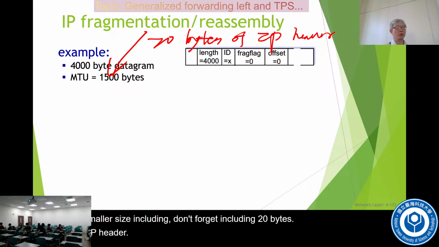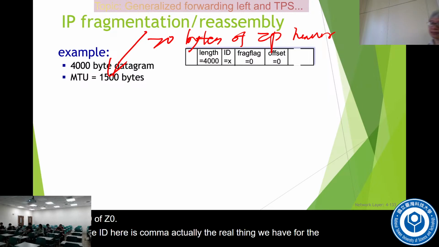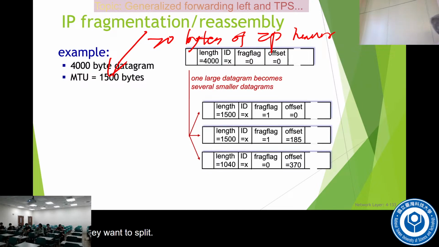All right, so initially we have 4,000 and then fragmentation: no, so flag 0, offset 0. And the ID here is common. Actually, we assume we have the current ID x. And we want to split the whole one into 3, like the previous example.